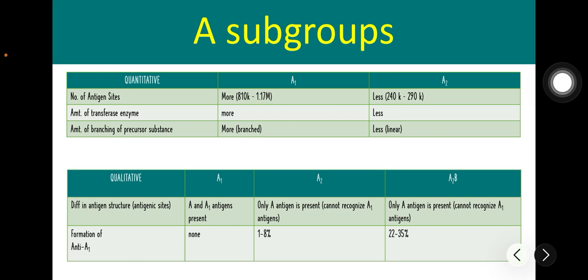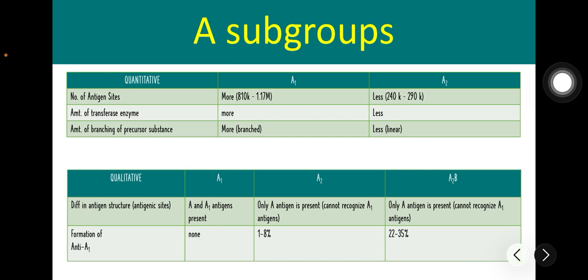For anti-A1 lectin, which is from Dolichos biflorus, this reagent will clump A1 cells but fails to react with A2 cells. For anti-H lectin, which comes from the Ulex europaeus plant, because A2 cells have much more unconverted H foundation, they react much more strongly with anti-H than A1 cells do.